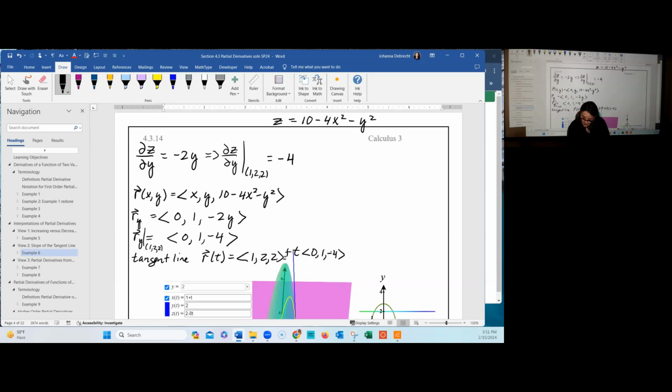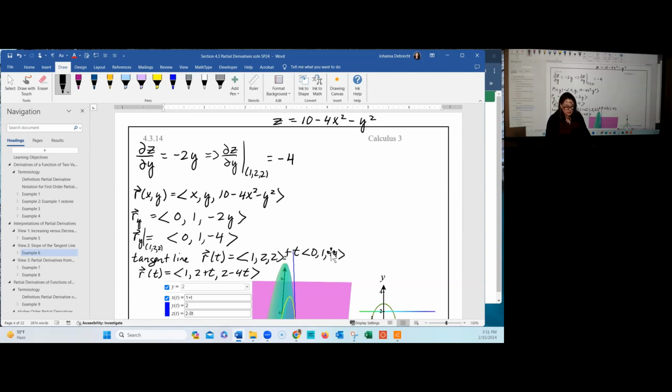You could write it as a combined equation, r of t equal to 1, comma, 2 plus t, comma, 2 minus 4t by adding together the corresponding components. This gives us the equation of the tangent line at that point in the plane where x equals 1.